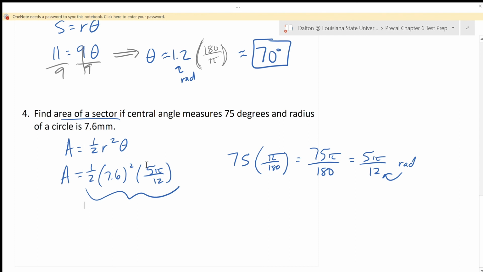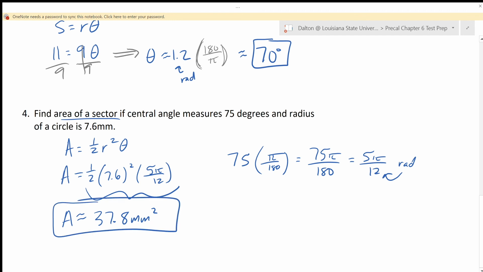I didn't say how to round, so just do nearest tenth for now, and I would have only rounded once. You should get about 37.8. I'm dealing with area, so millimeters squared. Again, on your test, make sure you pay very close attention to your units because you will get points off if you don't have the correct units.